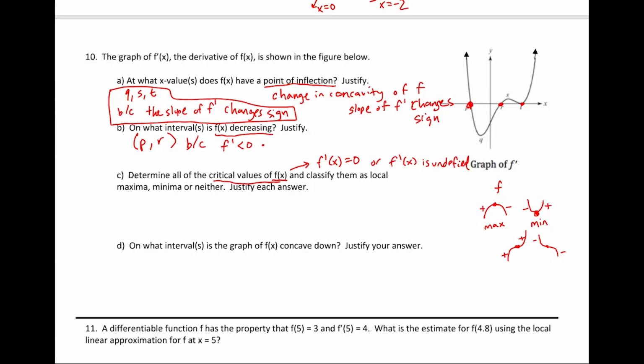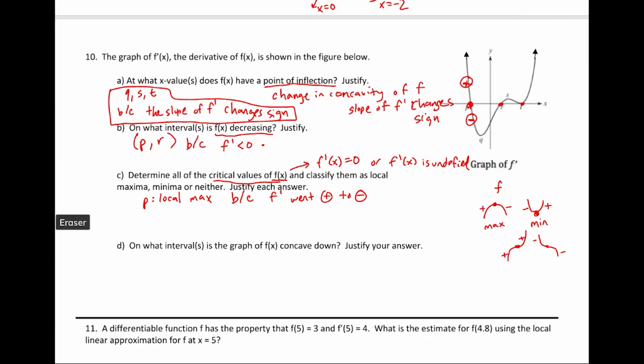At P, we have a local or relative, well, let's see here. f prime is going from being positive to being negative. So that means the graph of f is going to do something like this. We've got a local maximum. And the reason for that is because f prime went from being positive to negative.